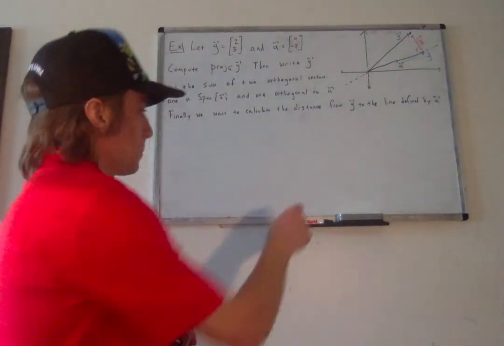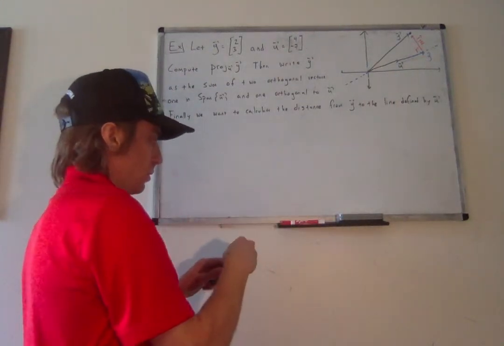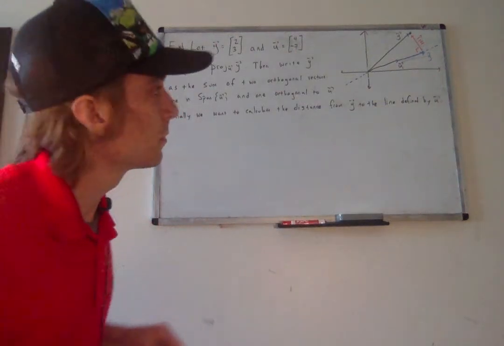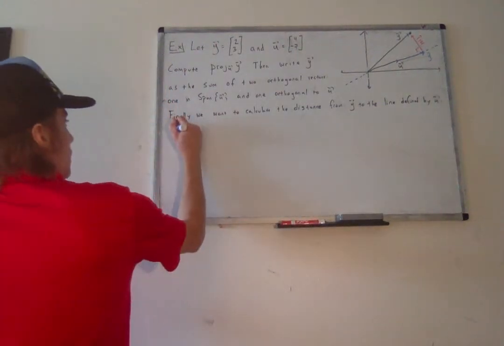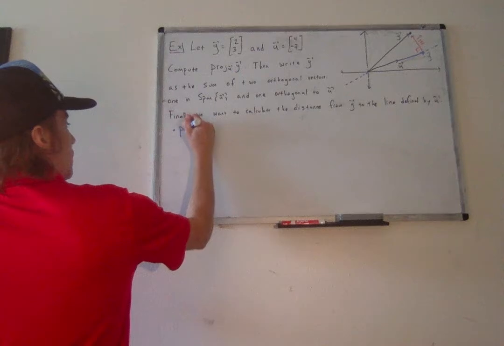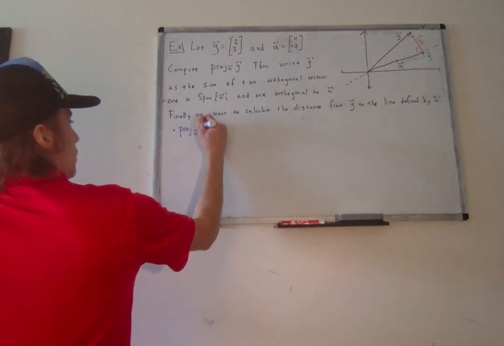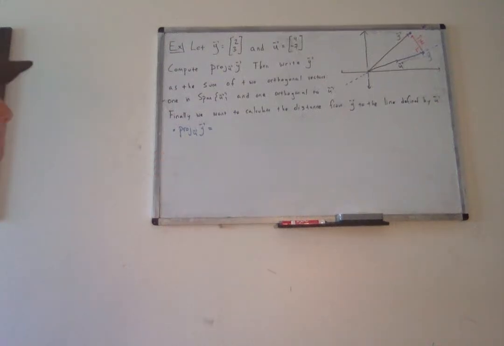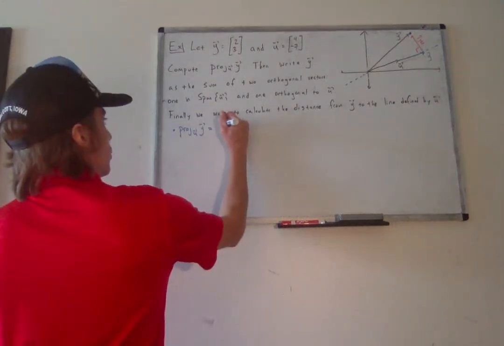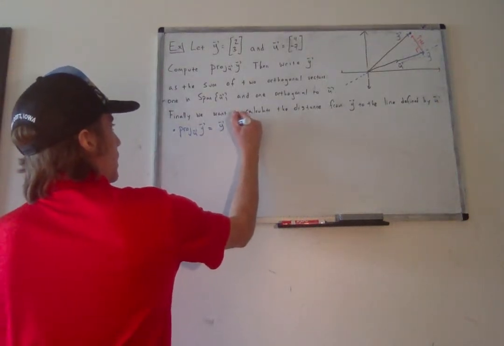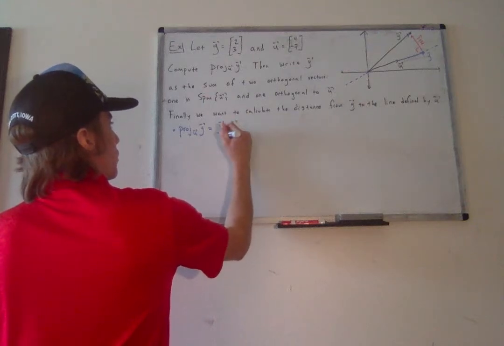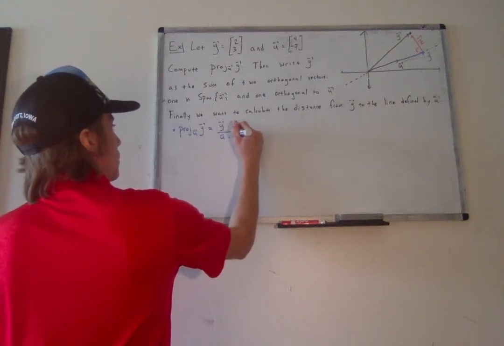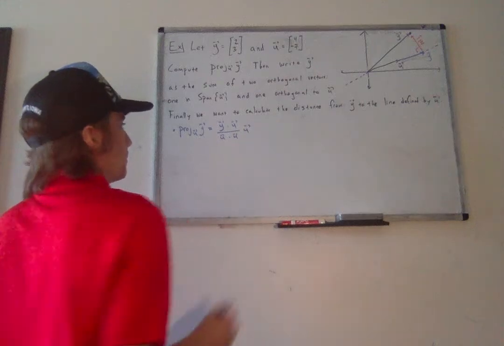So first things first, let us calculate the projection of y onto u. So remember, this is equal to y dot u over u dot u times the vector u.